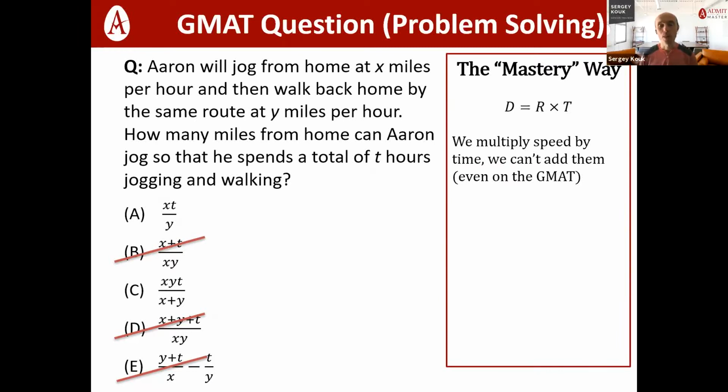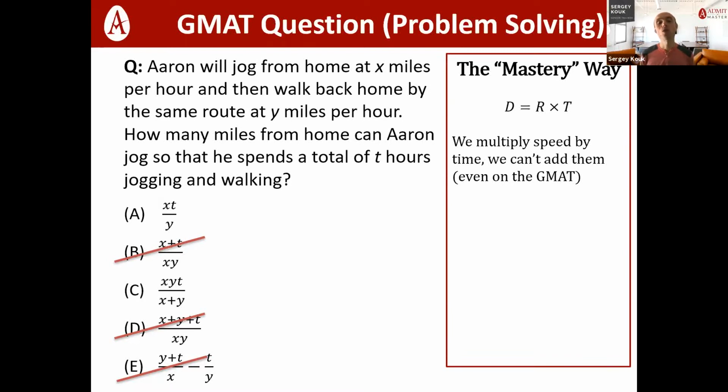And here's the beauty. How many of them do we really have to look at in order to find the right answer? Only 1. If we look at one of them and it's the right answer, we're done. We just pick it and move on. If we look at one of them and it's not the right answer, we just pick the one that's left and move on. That's it.